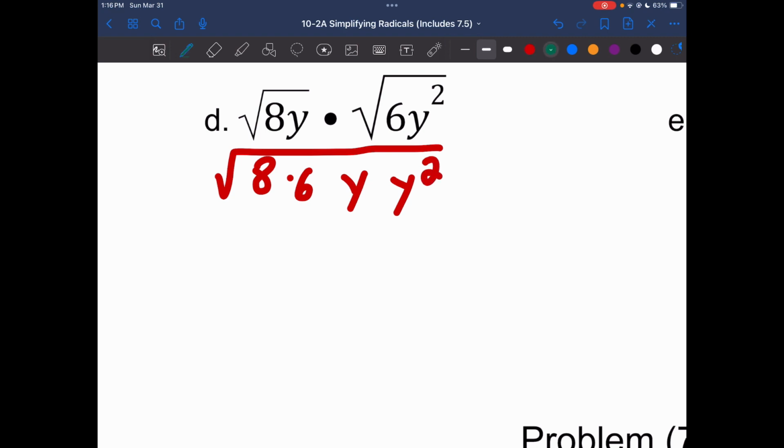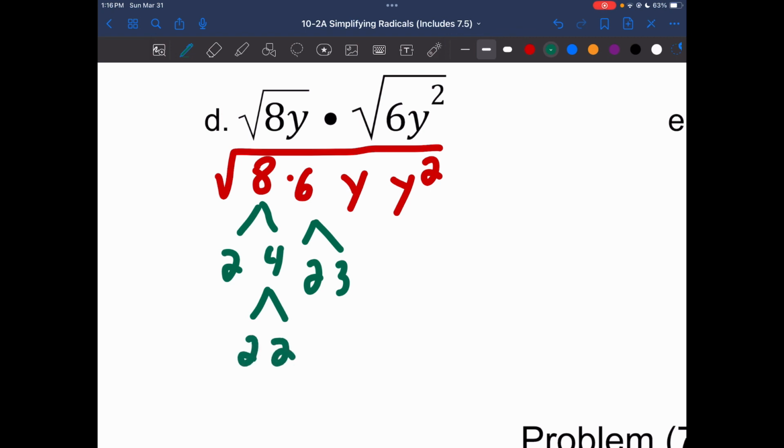So let's break down some factors, shall we? We've got 8 breaks down to 2 and 4. And 6 breaks down into 2 and 3. And 4 is 2 and 2. And now let's look for our groups of 2. So we have a group of 2 there, a group of 2 there, and a group of 2 there.